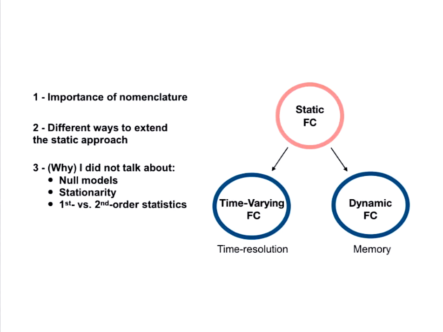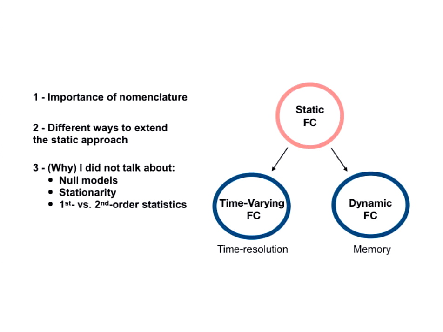I also did not talk about stationarity. This has been a hot topic in the last years in the field. And this relates to the first point: if we come back to the definition, stationarity is a statistical property that goes with many different models that have different properties. For example, Gaussian noise is stationary. An autoregressive model under mild assumptions is also stationary.